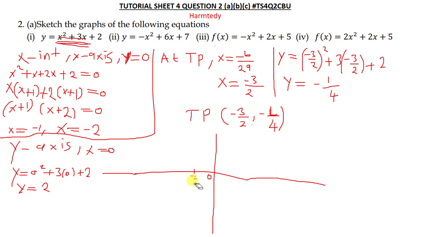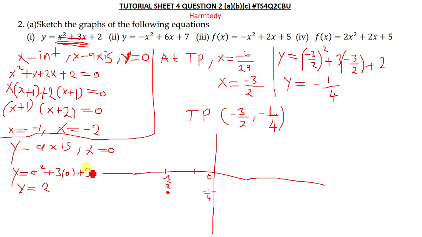We first put the turning point, so I can write my negative 3 over 2 somewhere there on the x-axis, and then on the y-axis it's negative 1 over 4, which is just that point. So this is my turning point.